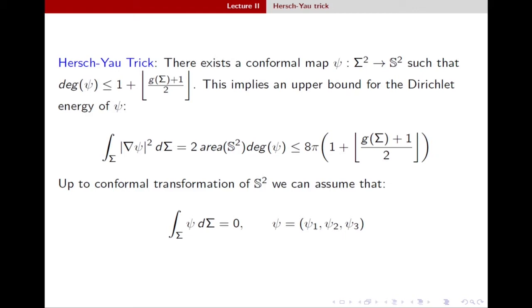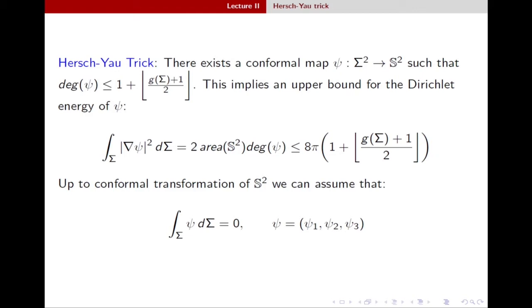In this case, we have the famous Hersch trick, which is a very important trick in geometric analysis that has been used for many purposes. The reason it is useful for our problem is that the trick gives you a conformal map from your surface to the round sphere with a degree bound in terms of the genus of the surface.